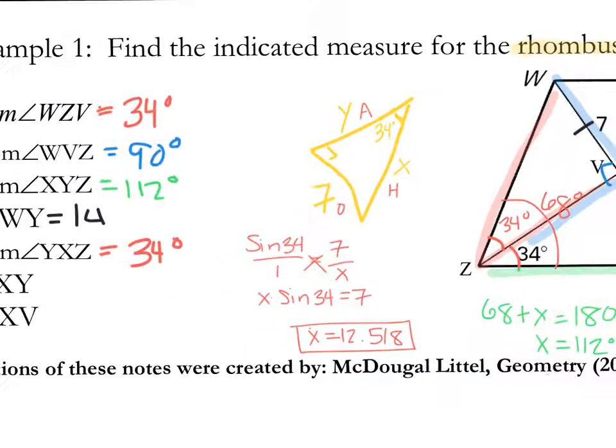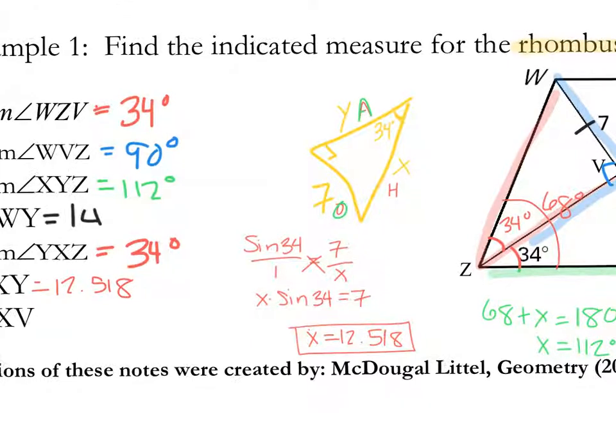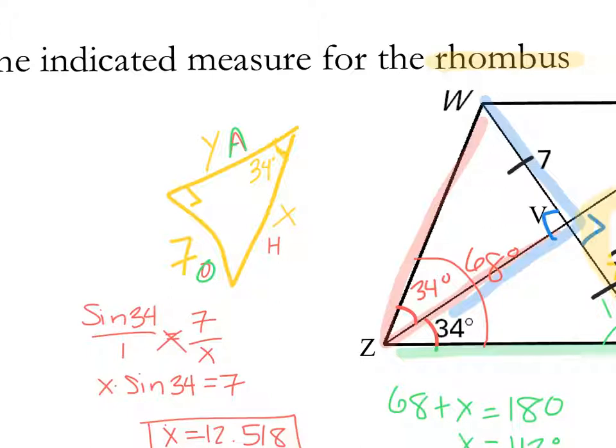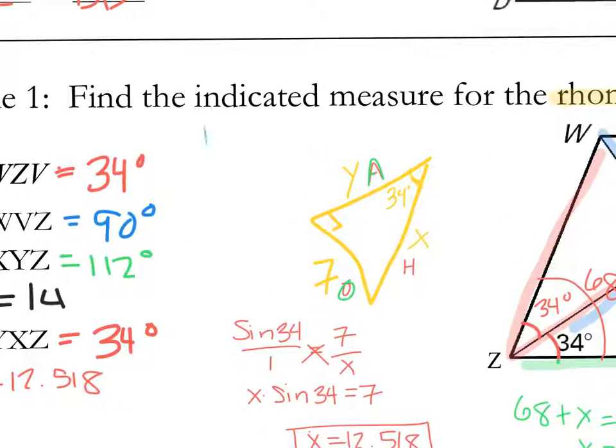And that is going to be 12.518 there. So now for my next one is A and O. So this is still my opposite, this is still my adjacent. But to solve, I'm going to use tangent, because A and O is tangent. Tangent of 34 over 1 equals my 7 over y.